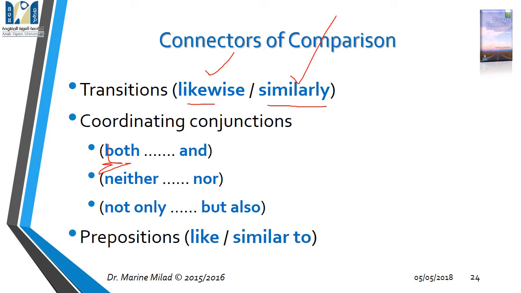So you start with both, sorry. You have to use and as well. Now, neither, for what? If you want to compare, right? And you can also use not only but also. And also prepositions like and similar to are here. You try to use them in the final. They're very important in your writing.